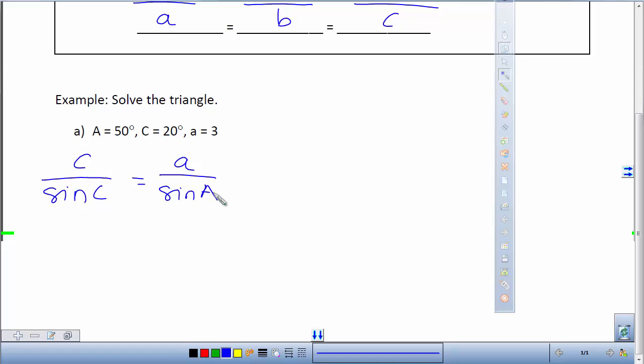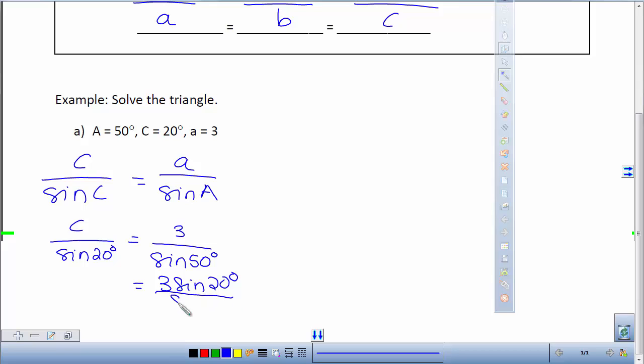All right, so we've got that. So we get c over sine 20 degrees is equal to 3 over sine 50 degrees. Okay, and then we have to solve from there. We're solving for c, so we get 3 sine 20 degrees over sine 50 degrees.